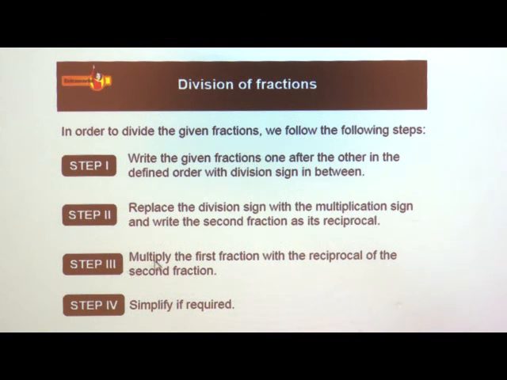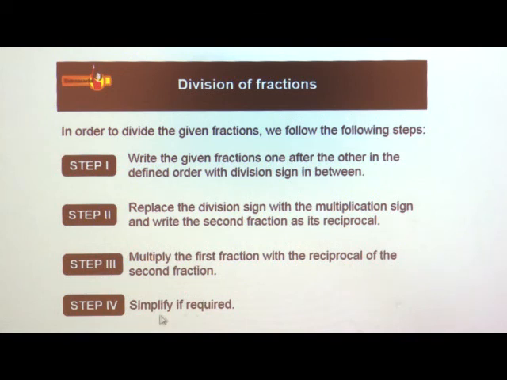Third step: multiply the first fraction with the reciprocal of the second fraction. You have to multiply the first fraction with the second fraction's reciprocal, and in the third step, multiply both numerators and multiply both denominators.